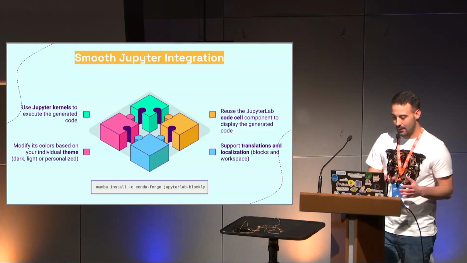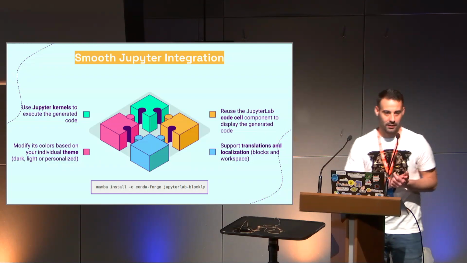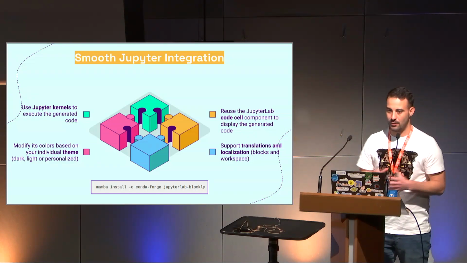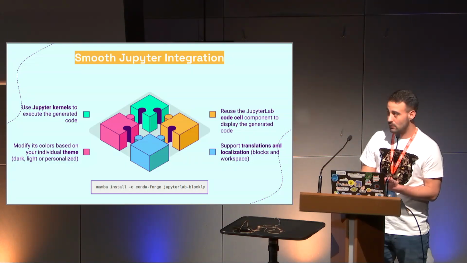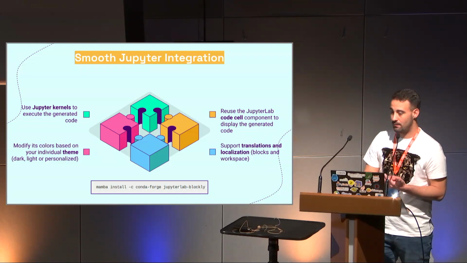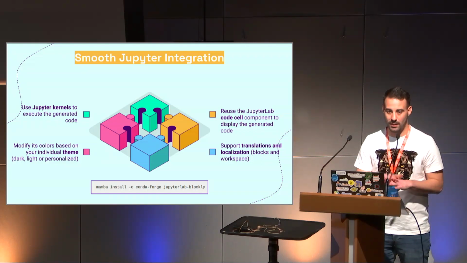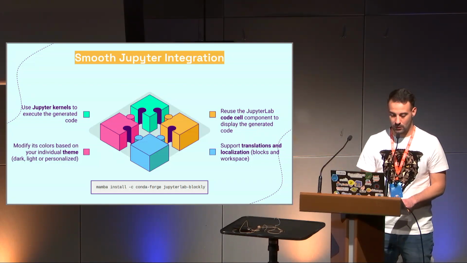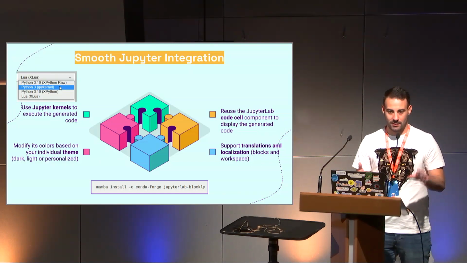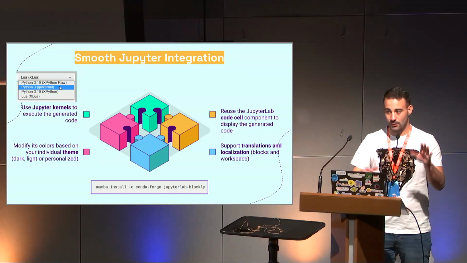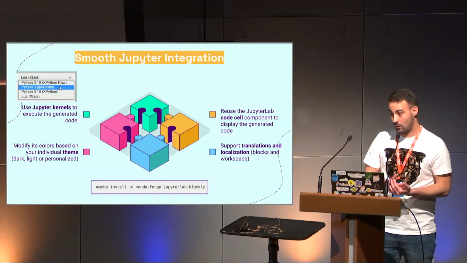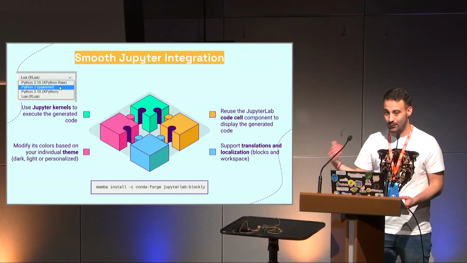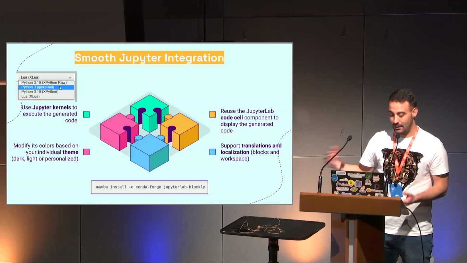So the integration between the Blockly library and JupyterLab was quite smooth, actually, because there are a lot of different features that overlap or complement each other. For example, as I was saying before, we have generators and kernels. We use the generator to generate the code, and then we use the kernel to do the execution.